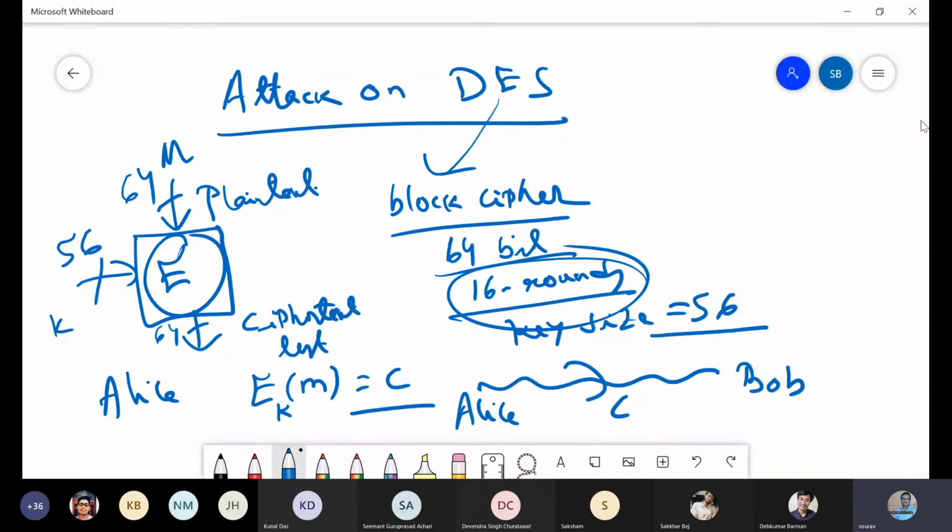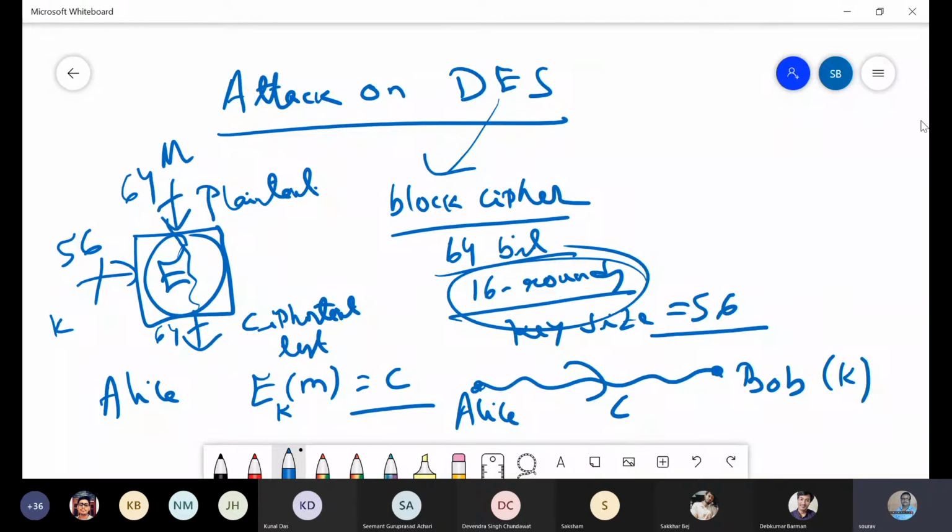Bob has the same algorithm. Everybody has the same algorithm, since the algorithm is public, and Bob has the same key. So Bob can do the reverse of this encryption and get back the message.